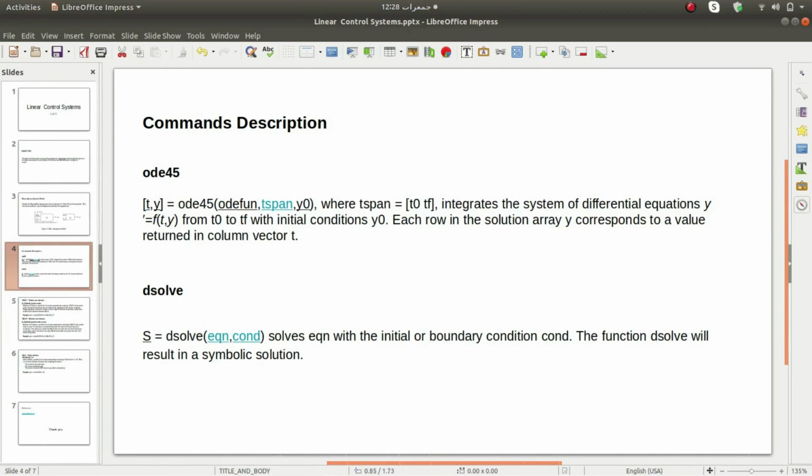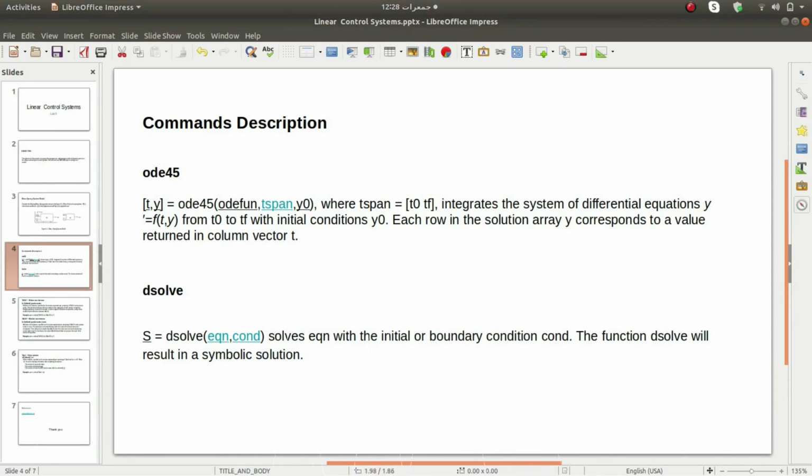ODE45 basically stands for ordinary differential equation. It integrates a system of differential equations over a defined time span. You remember we defined 0 to 125 and 0 to 200 in the two examples. So these are the lower and upper limits, with the initial condition y0, and we have supposed the initial condition 0 0 in both cases.